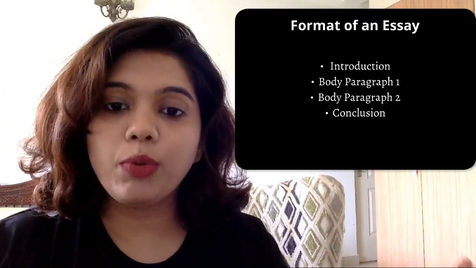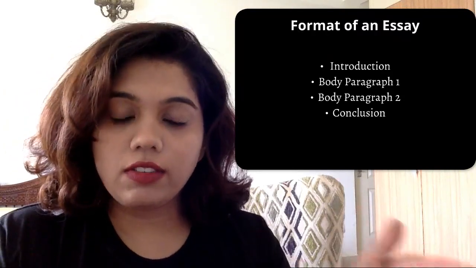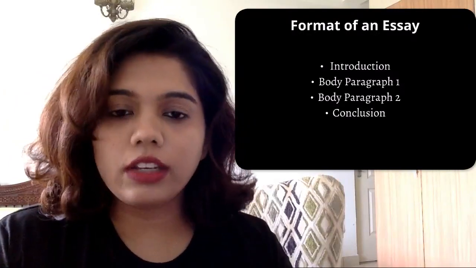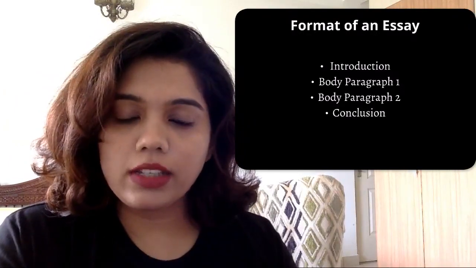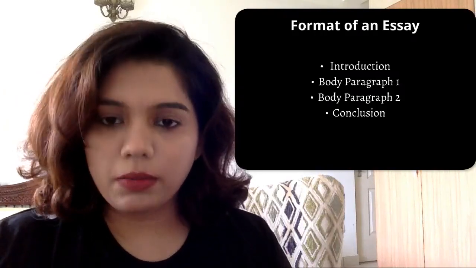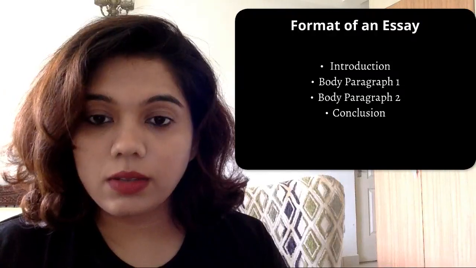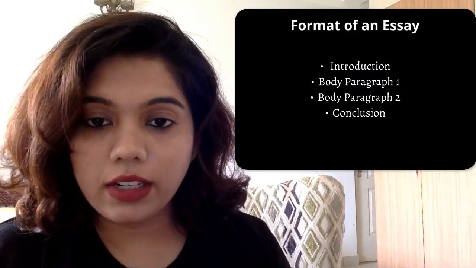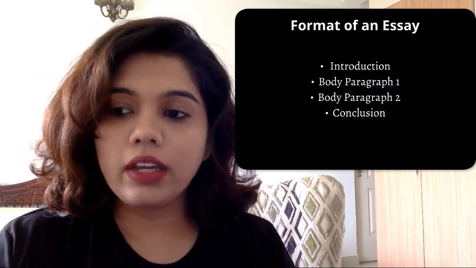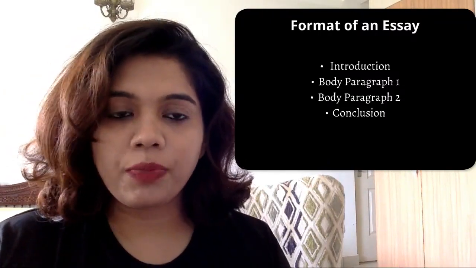Then you go on to prove your answer with examples, and in the conclusion, give your opinion by supporting it with the main ideas. Body paragraph 1 is part 1 of the question. If it is an advantage disadvantage question, you can write advantage in 1 and disadvantage in 2, and the conclusion will be a summary of what you have written along with your opinion.